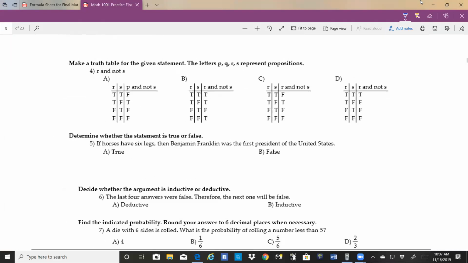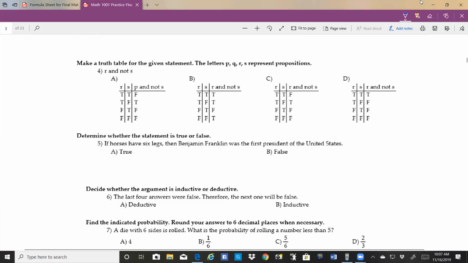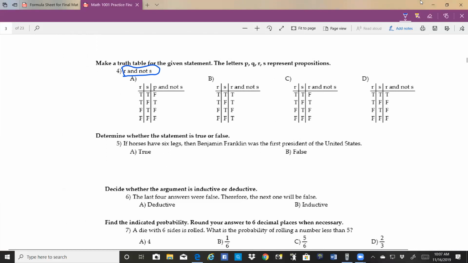Now we have a truth table, and we want to figure out which of these truth tables represent R and not S. What we want to do is start out with R and not S. So let's put R and not S. R would be true, true, false, false.